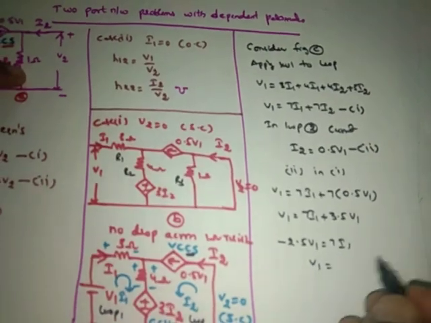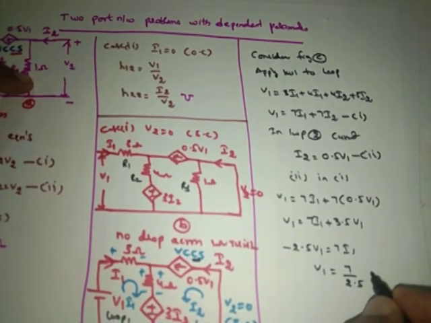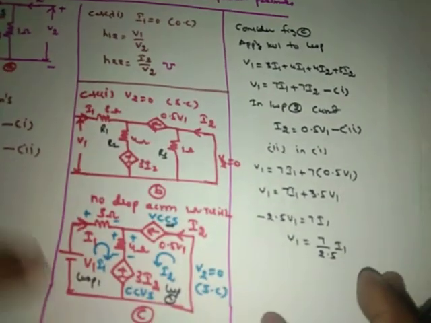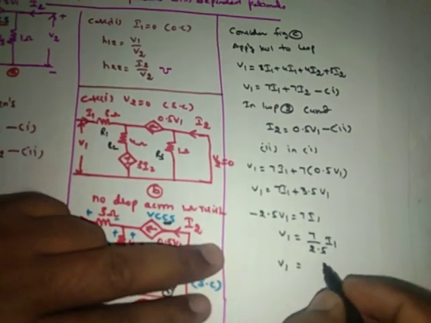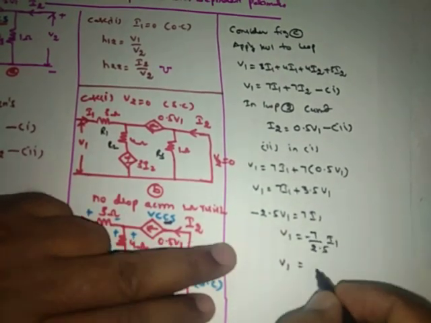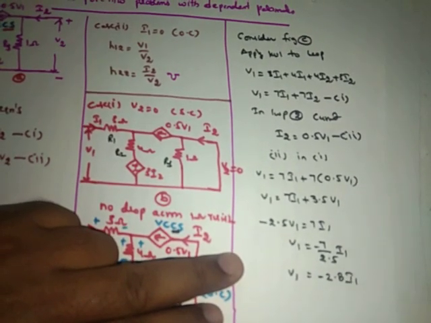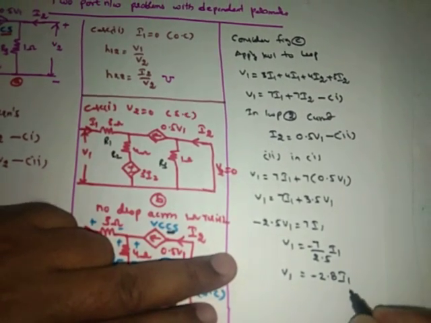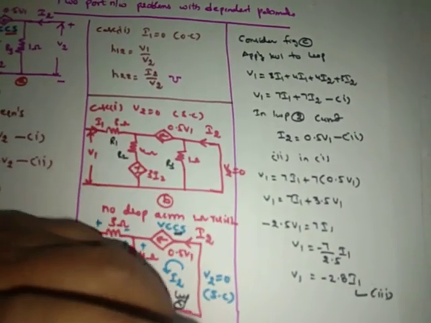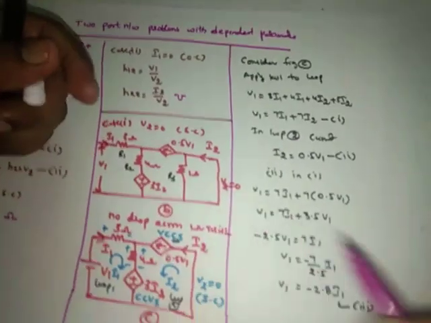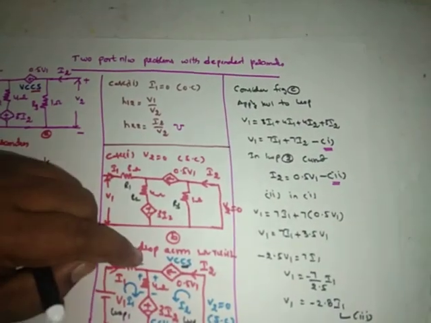From that V1 is equal to 7 by minus 2.5 I1, so V1 is equal to minus 2.8 I1. This is equation 3.